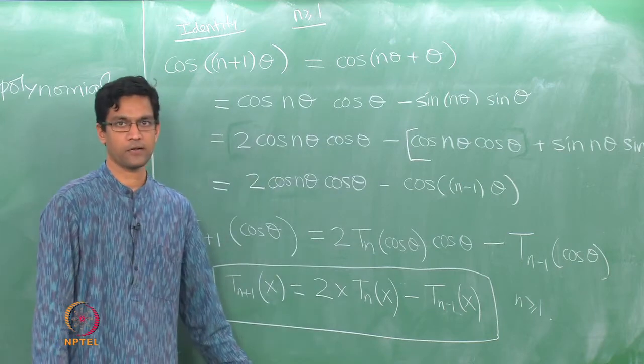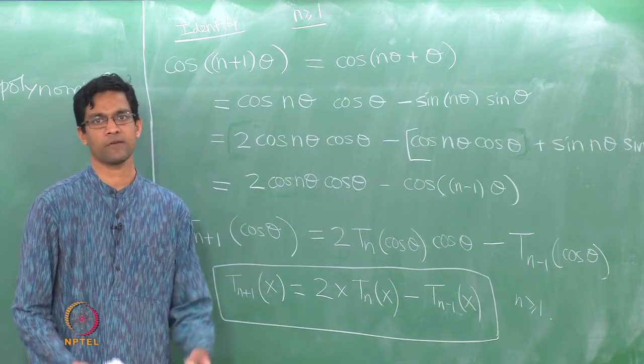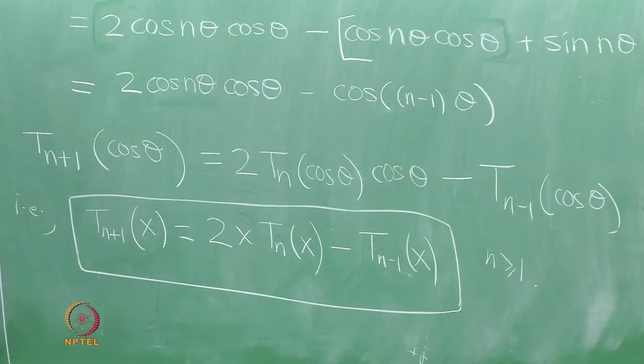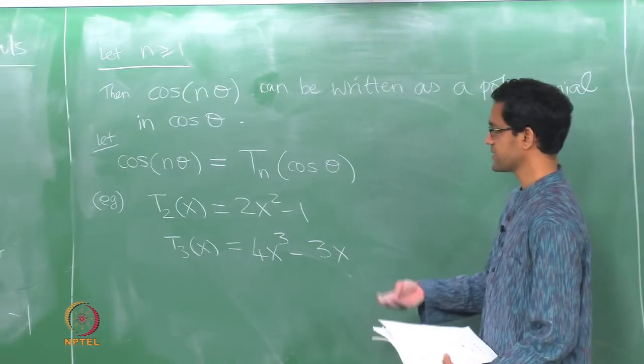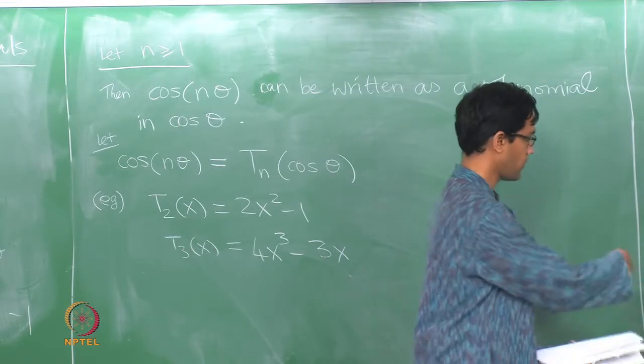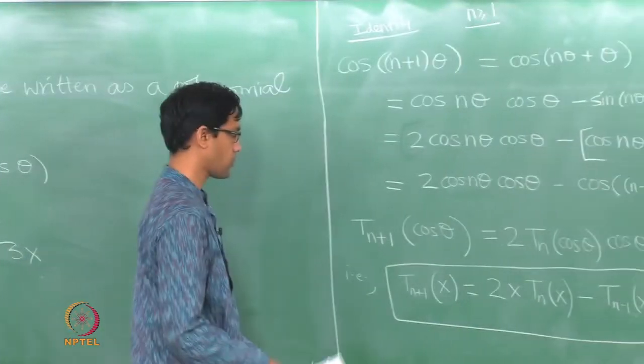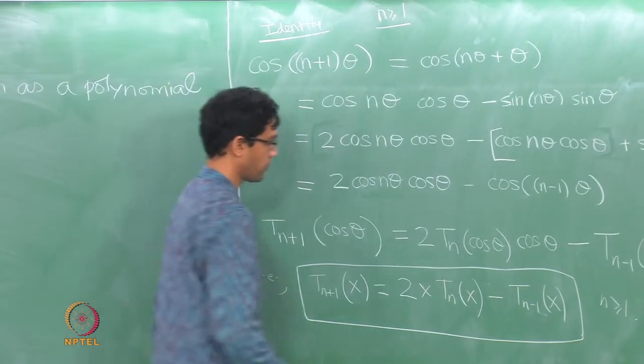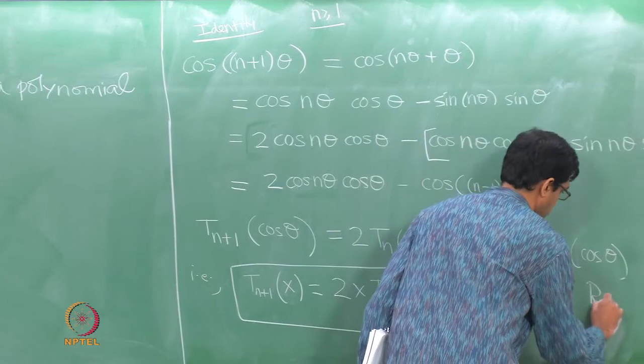Okay, so in fact these polynomials Tn's that we are trying to understand here are given by this very simple formula here. Now this is not quite like a usual formula, this is what is called a recurrence relation. So we would typically call a thing like this a recurrence.